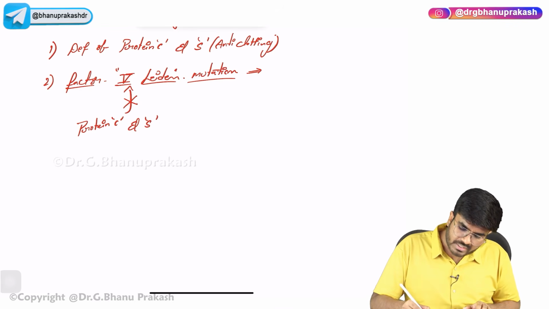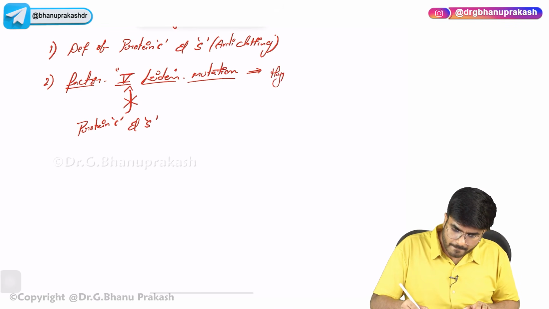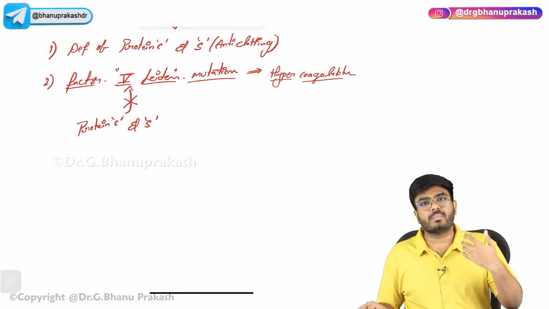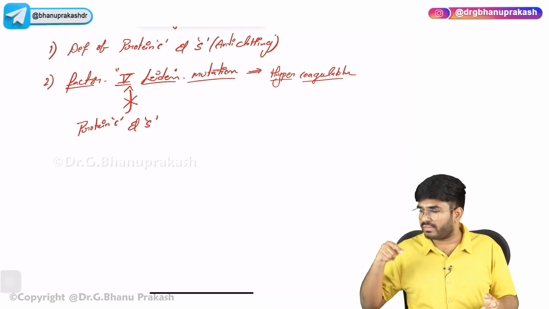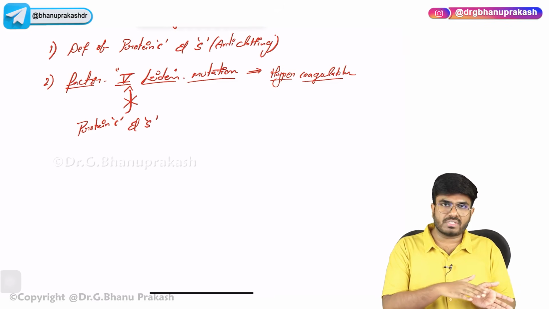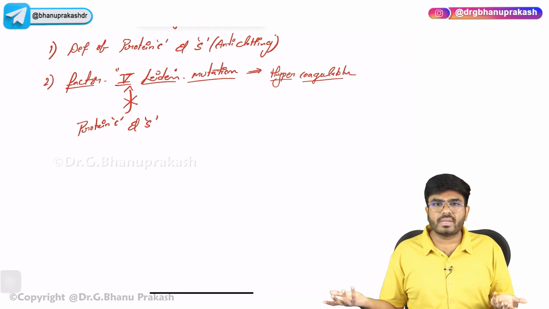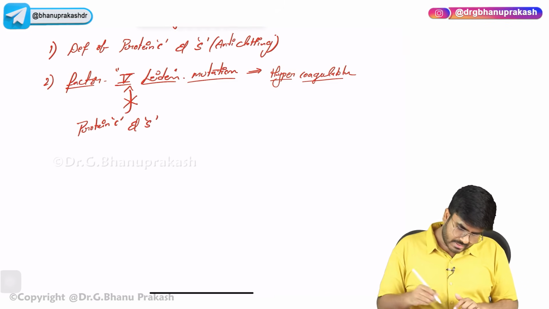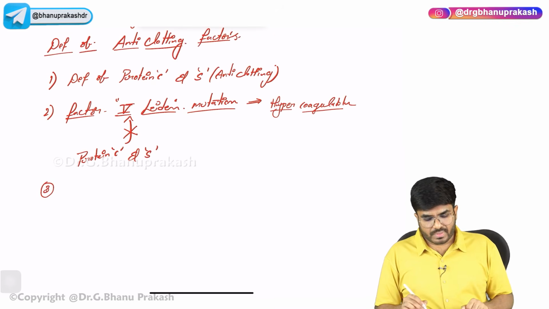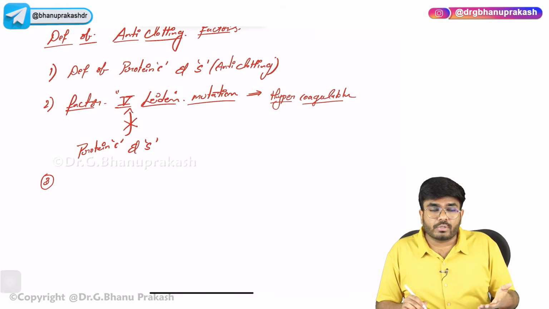So the blood is becoming hypercoagulable. Factor number 5 is continuously active. Once it is active, it activates the 2, and 2 activates the 1. Once it is activated, the soluble fibrinogen is getting converted into insoluble fibrin. You know it.